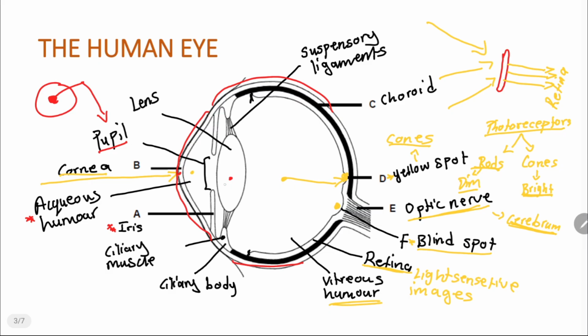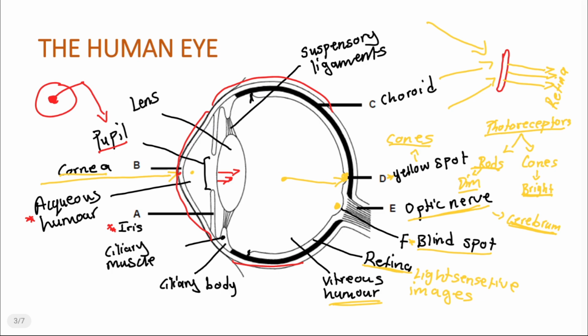Behind the pupil, we've got the lens. Now, the adaptations of the lens are that, number one, the lens is transparent. Why is it transparent? Because it permits light to do what? To pass through. But not only is the lens transparent, it is also elastic. Why is it elastic? So that its shape can be altered, so that the shape of the lens can be changed. Why must the shape of the lens be changed?